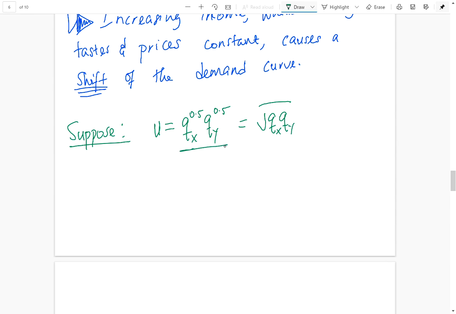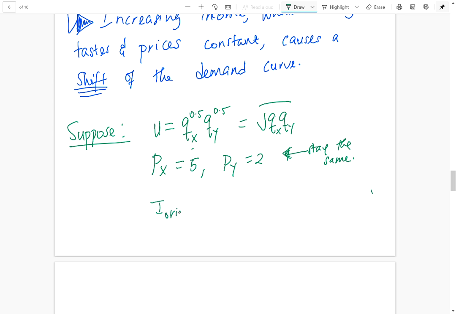Working with this version is nice to take the derivative of. We also have that the price of good X is equal to 5 and the price of good Y is equal to 2. These are going to stay the same. The only thing that's changing in this case is income.